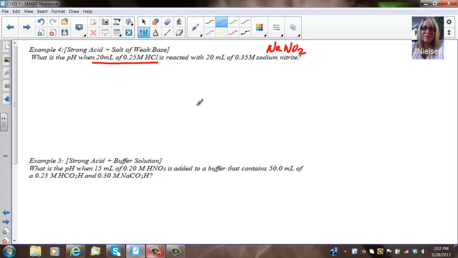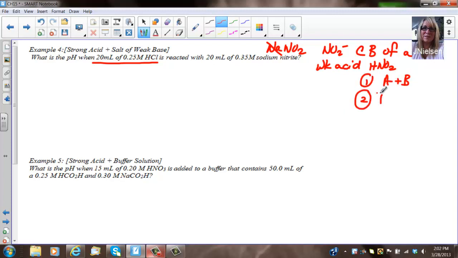So we also have NaNO2, sodium nitrite. We're not interested in the Na. The NO2 minus is the conjugate base of a weak acid, and that weak acid would be HNO2, nitrous acid. Remember that you always need an acid and base, and the two partners must be on opposite sides when you're writing your equation.